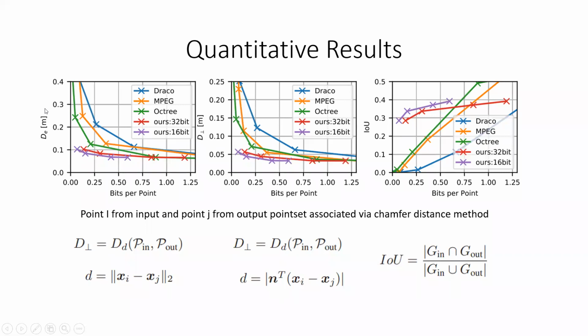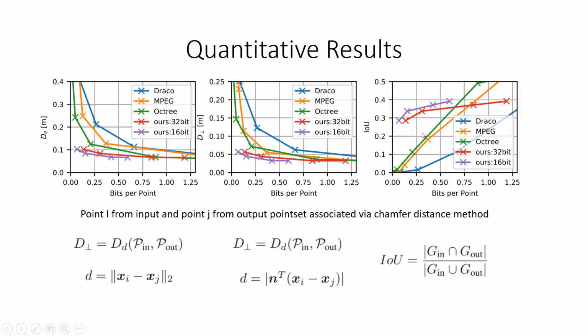DE is more or less the chamfer distance. D perpendicular is another metric, and IOU is an occupancy based metric. So you have an occupancy grid, and you're seeing how filled each occupancy grid cell is.